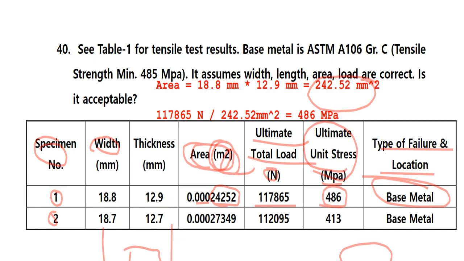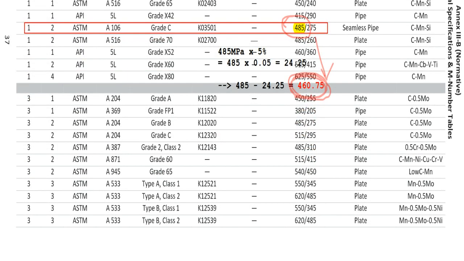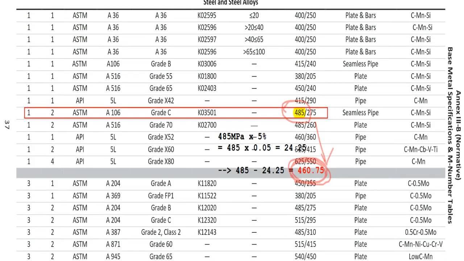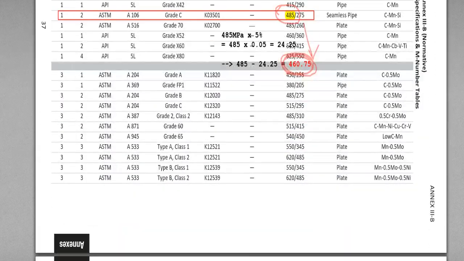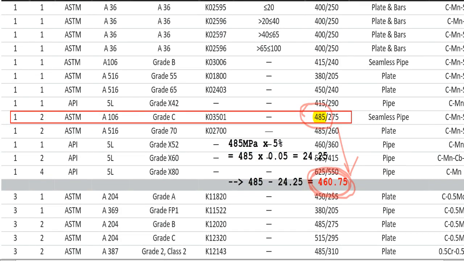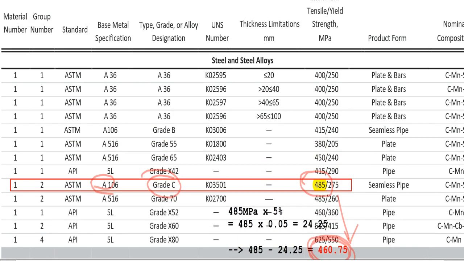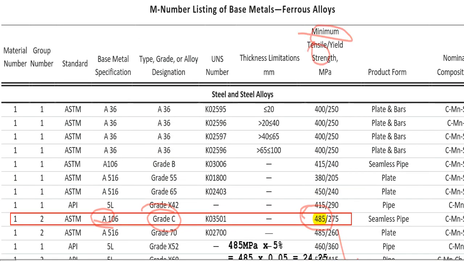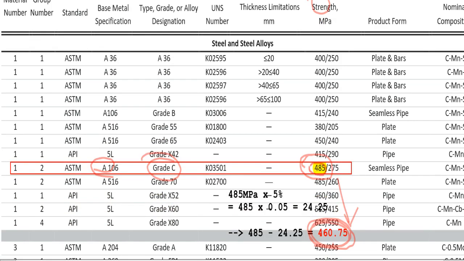And the minimum tensile strength specified for ASTM A106 grade C is 485 MPa. And I can find this value here in Annex 3B. ASTM A106 grade C, the minimum tensile strength is 485.